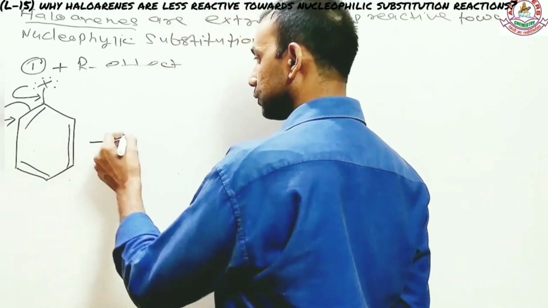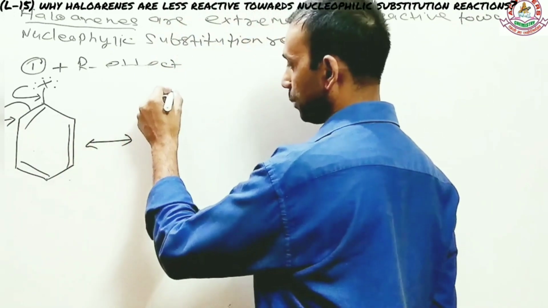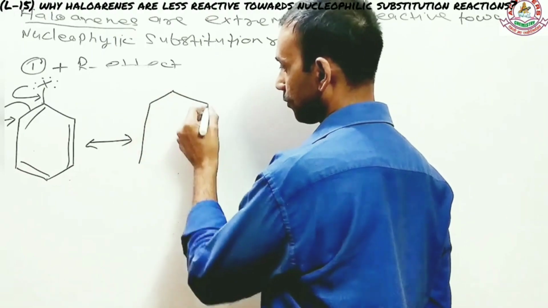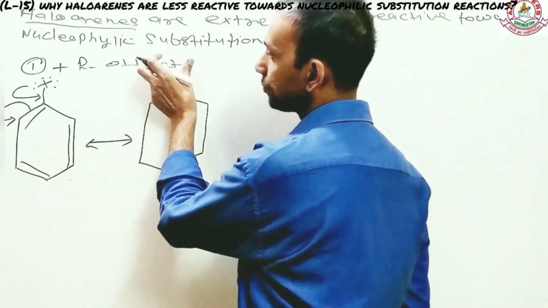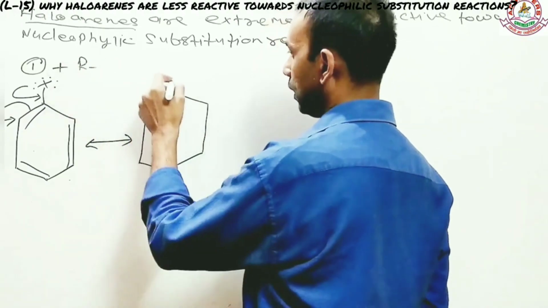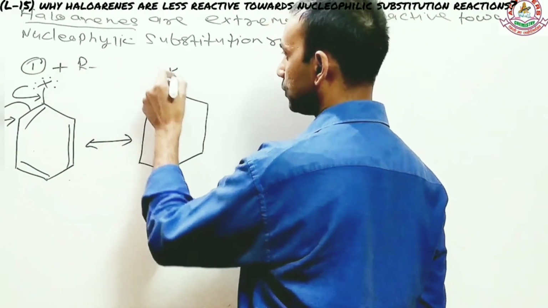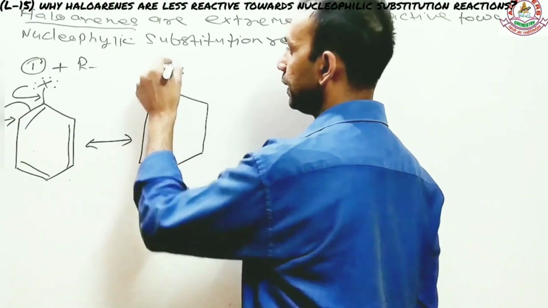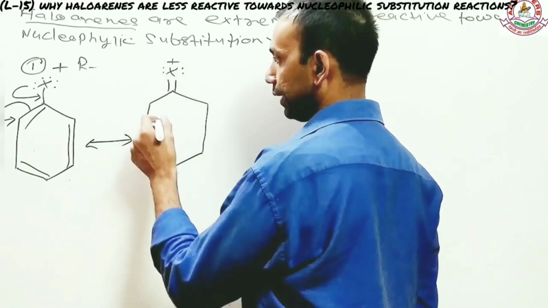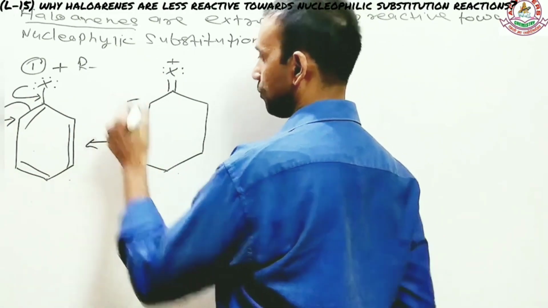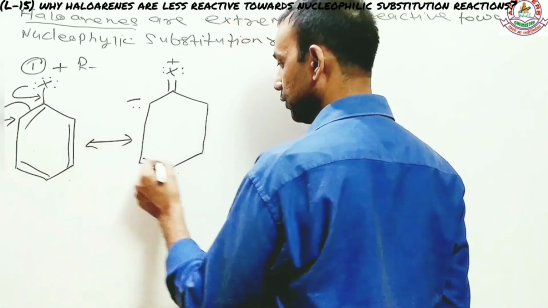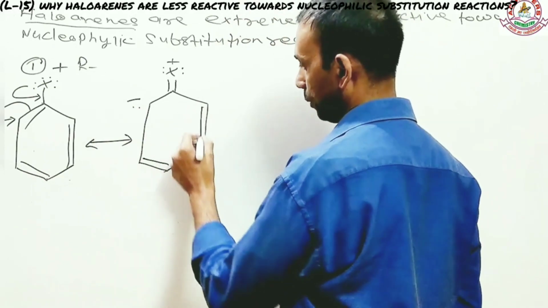So what changes here is that this becomes a double bond with the halogen, which has 2 pairs of electrons and a positive charge, and there a pair of electrons comes up with a negative charge. There you already have your double bond, and there you already have your double bond.